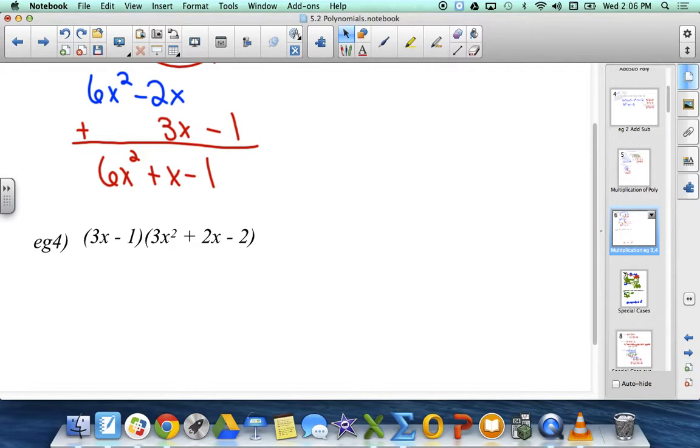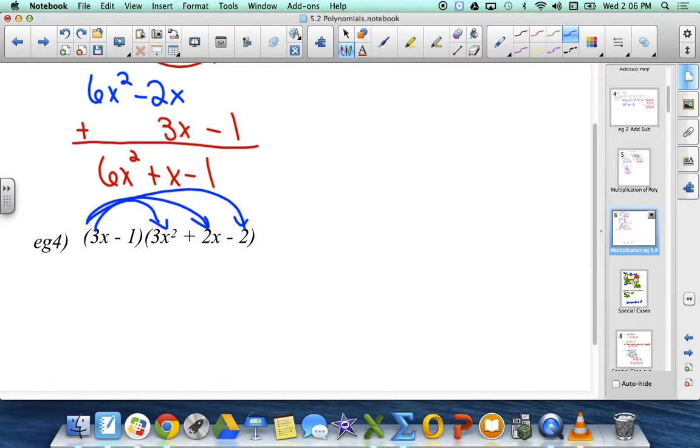So we're going to multiply the first number 3x times each one of these. So we get 3 times 3 is 9x cubed. 3x times 2x is plus 6x squared. And 3x times 2 is minus 6x. So then we're multiplying these together.